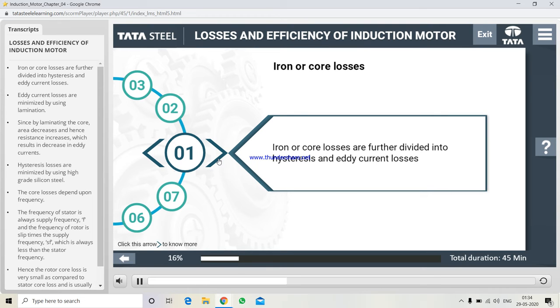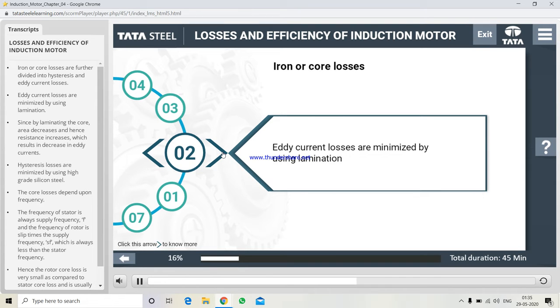Iron or core losses are further divided into hysteresis and eddy current losses.